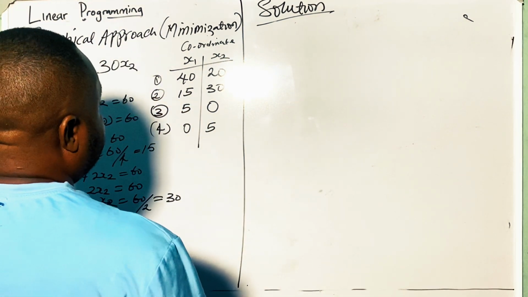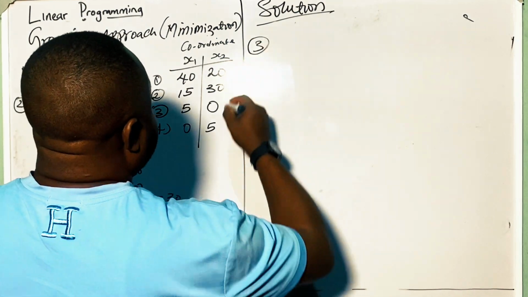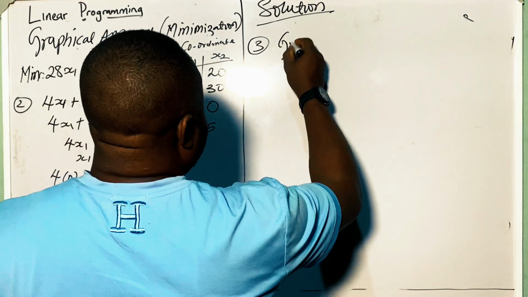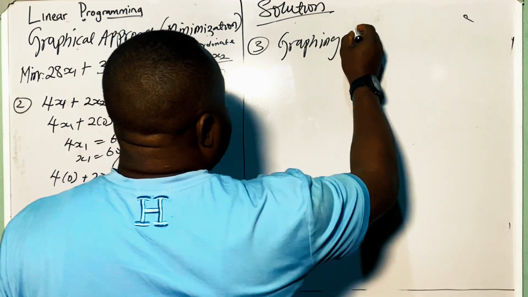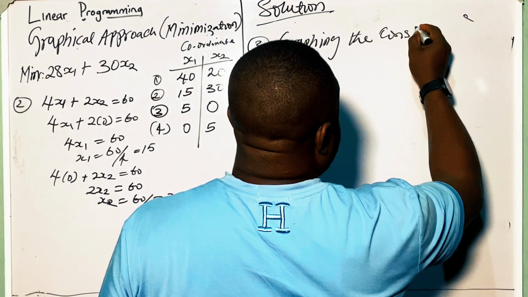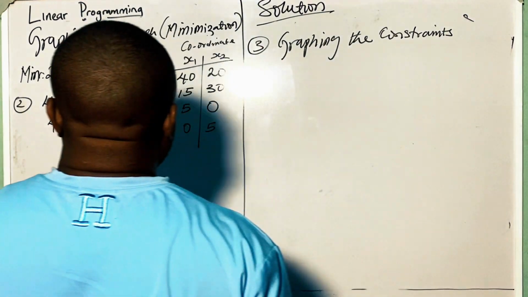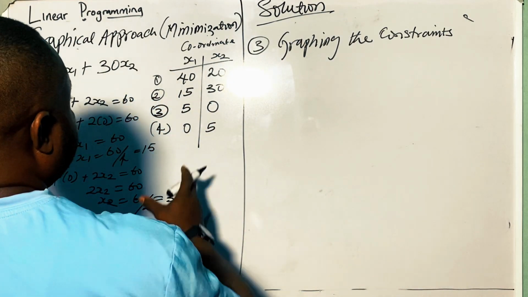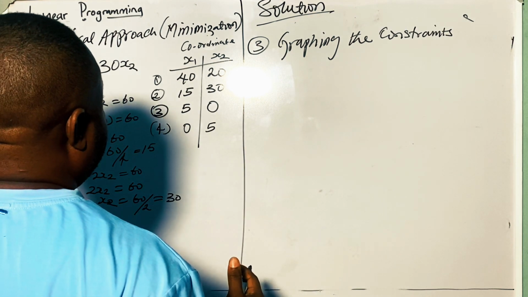Step 3 now. Step 3, which is graphing the constraints. Now these are in 5, and the maximum is 40.